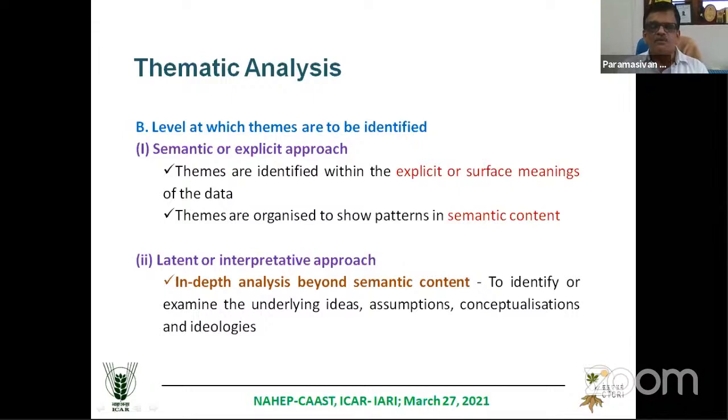That means it is not the effect of the training program. It is the effect of a break from routine official duty. If you read the third sentence, something more will be there. So you have to look at the whole context and understand the meaning with respect to other sentences. That is called latent or interpretive or in-depth analysis of the semantic content.